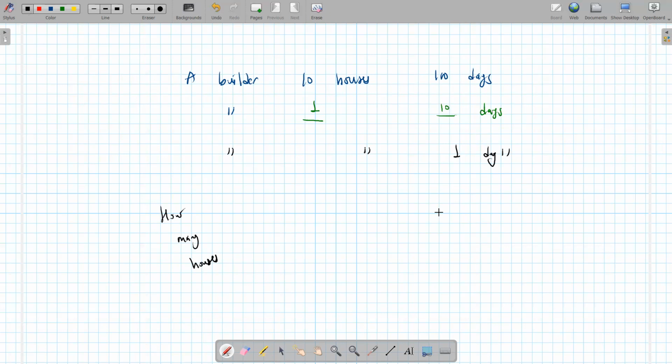He builds 1/10 of a house, 10% of a house, in one day. That makes sense? You divide the other way around. Instead of doing 100 over 10, you do 10 over 100.